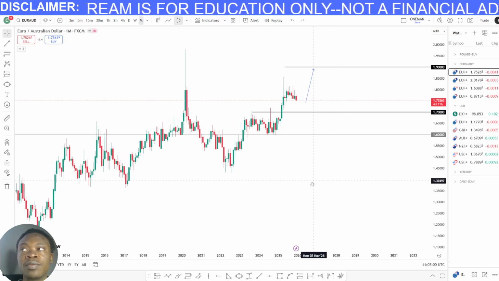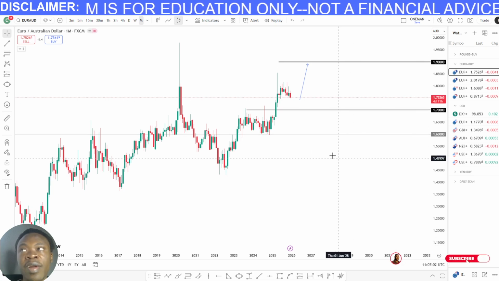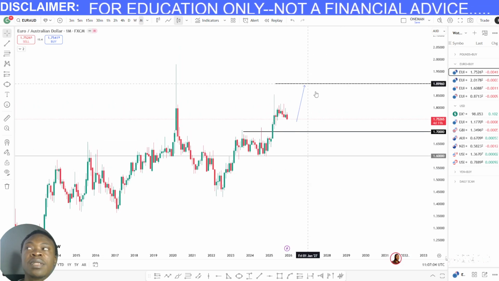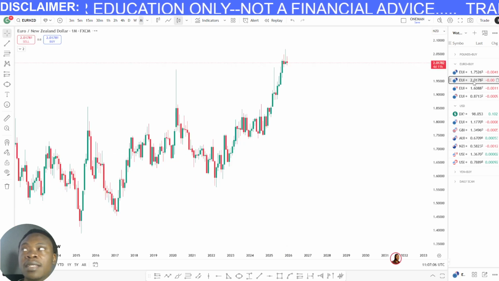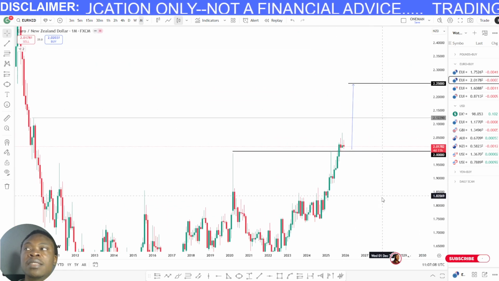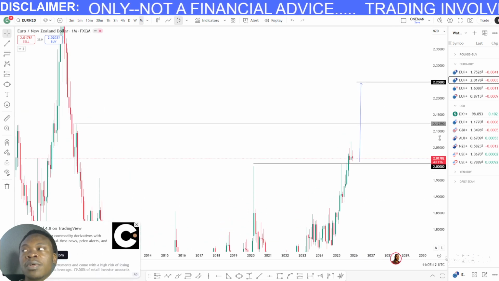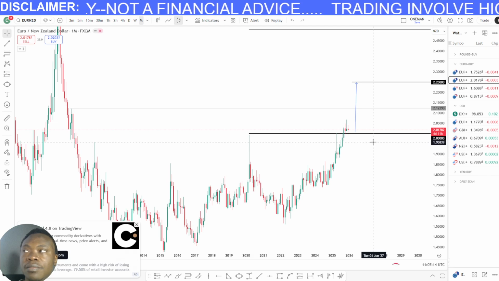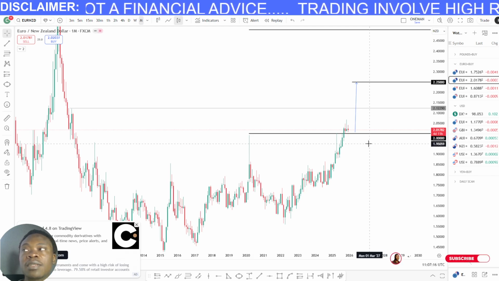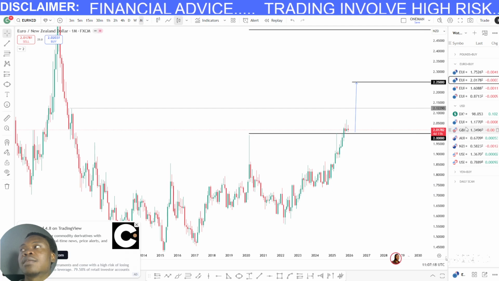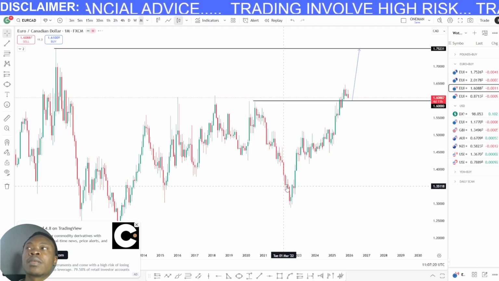But so far as we are concerned, and price does not break 1.7, then we are expecting buys to the upside. EURNZD, the same projection, our yearly support at 2.6, our yearly support at 2.0, target at 2.25.